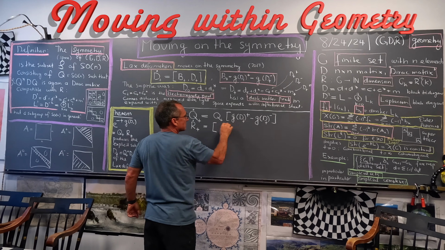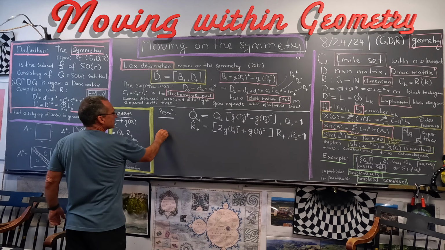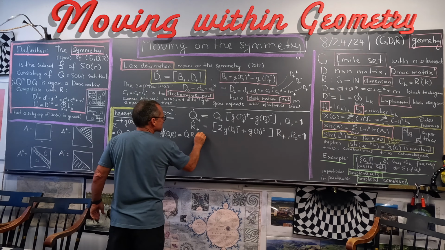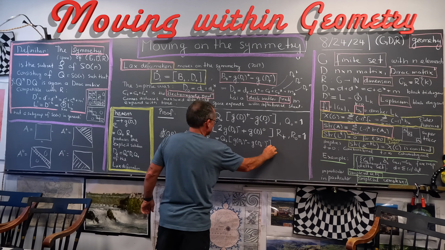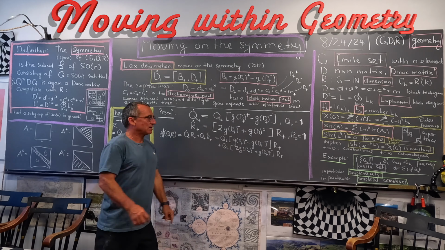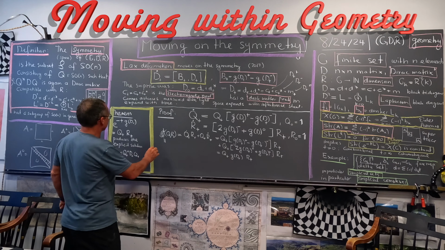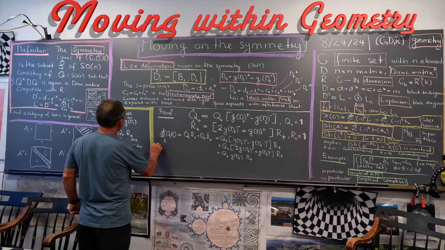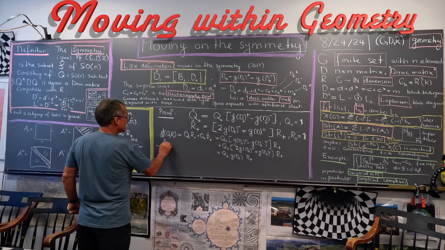E dot is notation for the derivative. I might get the sign wrong, but let's just see, minus G of D0.